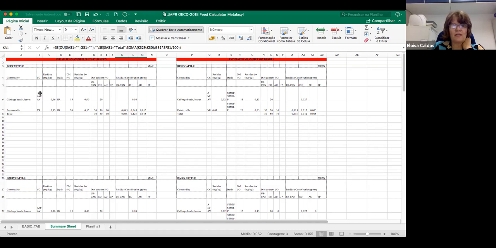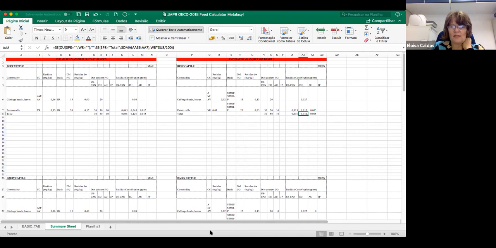Here, for cabbage heads and potato culls, the most critical diet was from Europe, and then it estimates the dietary burden, for the maximum residue level and also for the mean residue level to estimate the STMR.